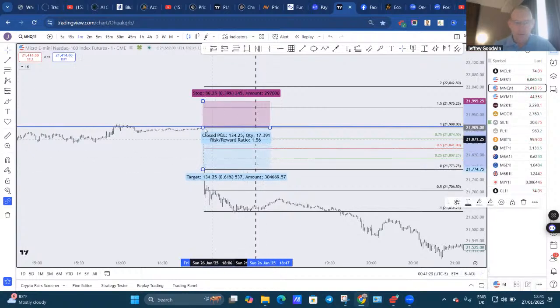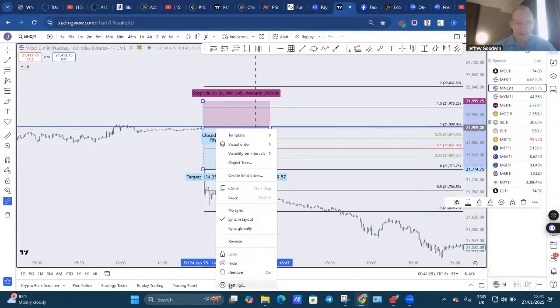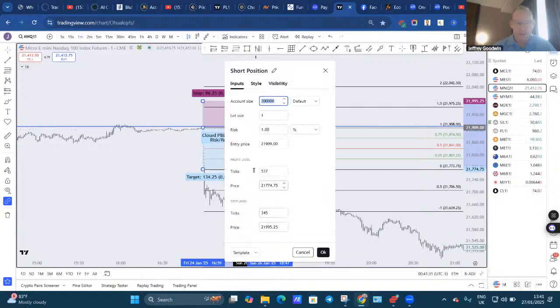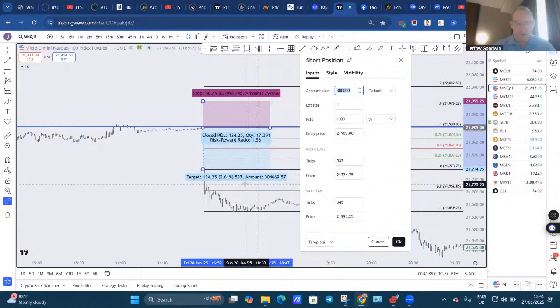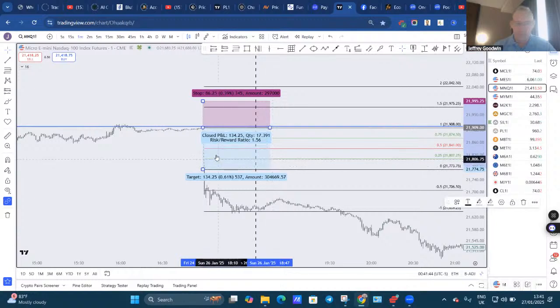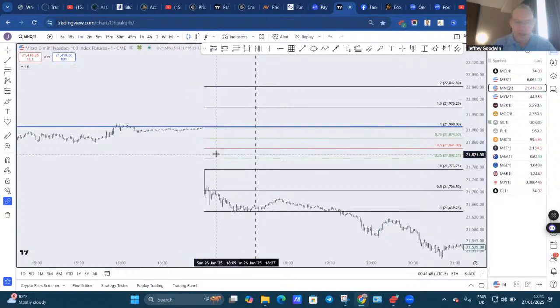So that gap there, for the settings, gives you information here. So you know, 537 ticks from there to there. There we go. So it moved away.